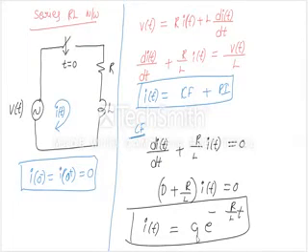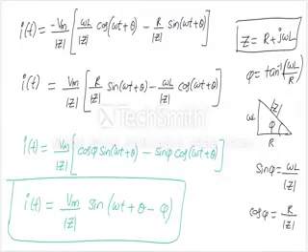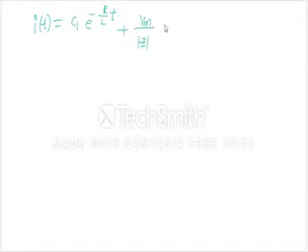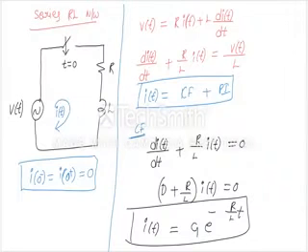Previously we got the complementary function. Now the total expression of the current I of t is given as CF plus PI. CF is C1 into e power minus R by L into t, plus Vm by mod Z into sin of omega t plus theta minus phi. So we should get C1 now. How can we get C1? By using the initial condition. At t equal to 0, the current is 0.